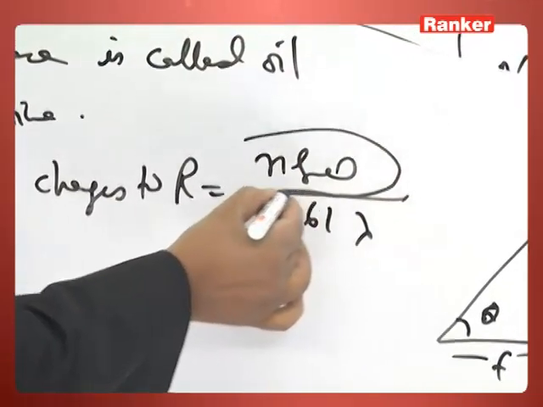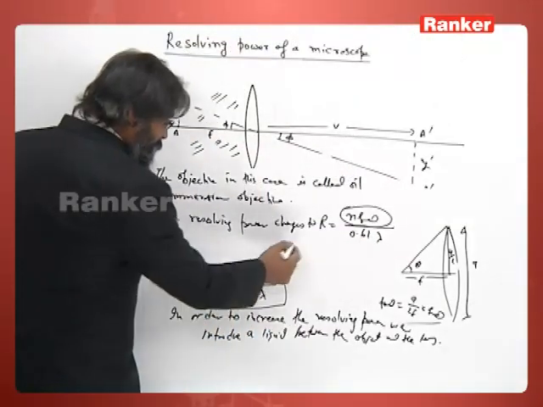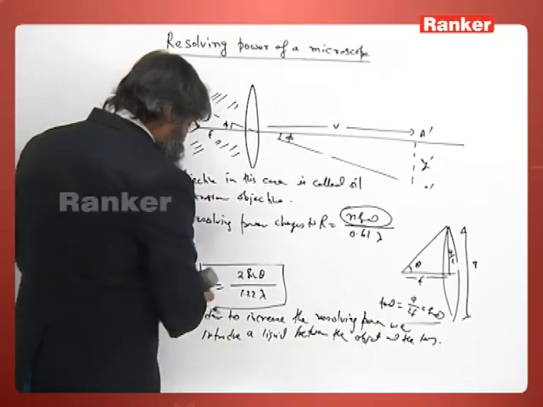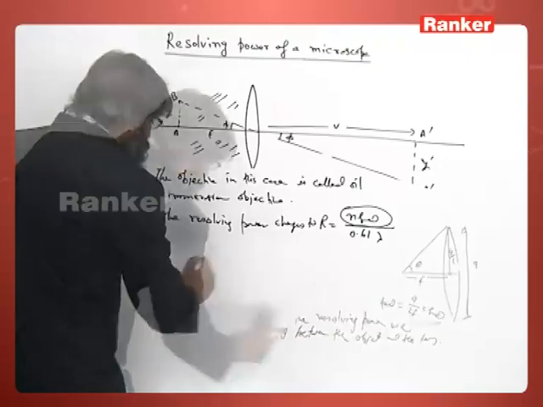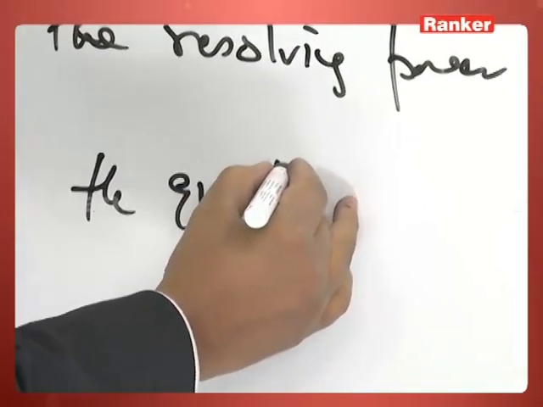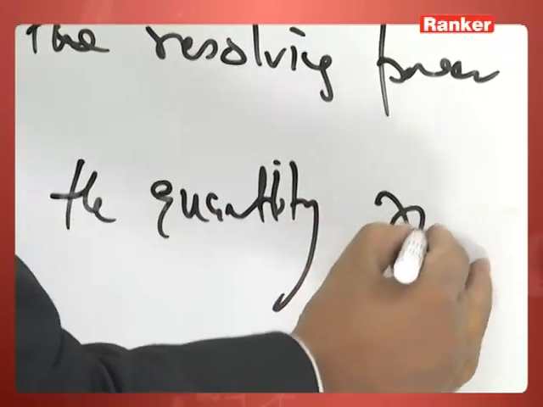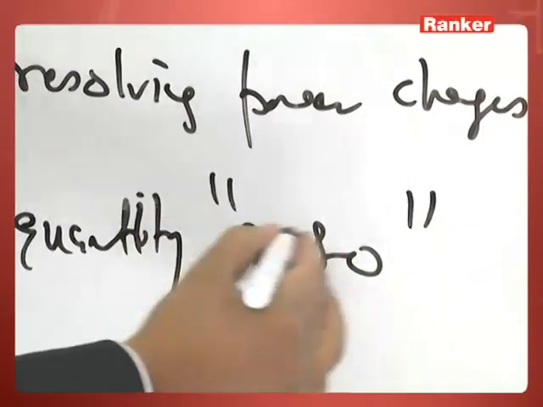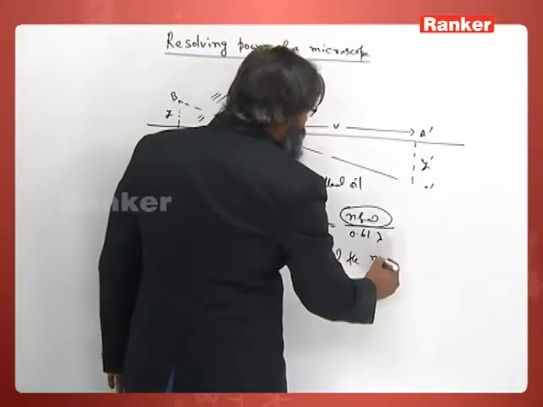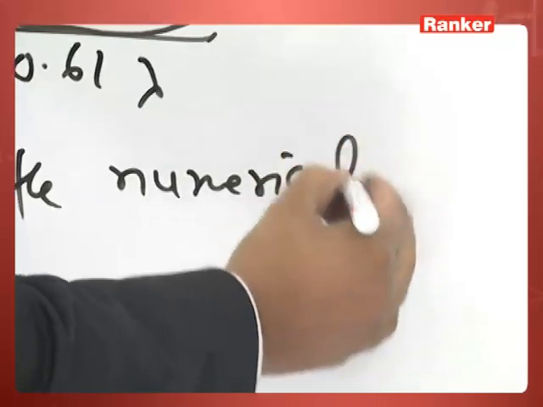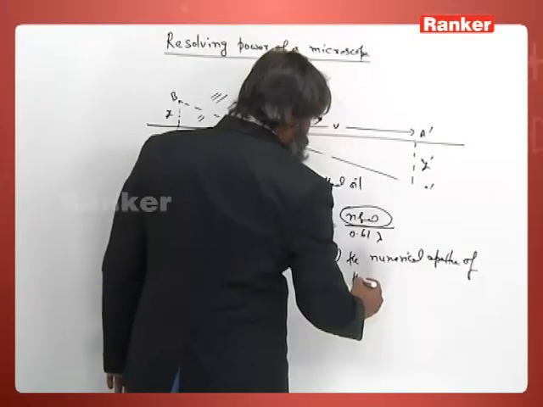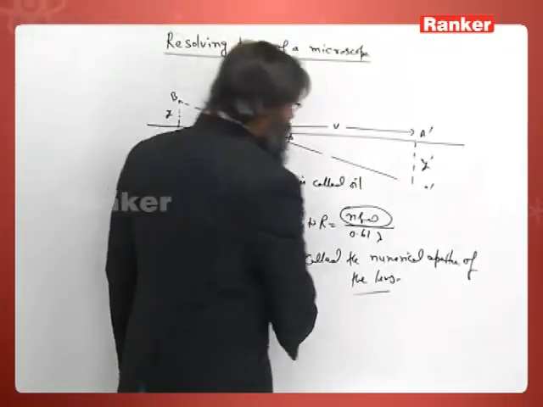So here you see, the resolving power is increased n times. The quantity n sin theta is called the numerical aperture of the lens.